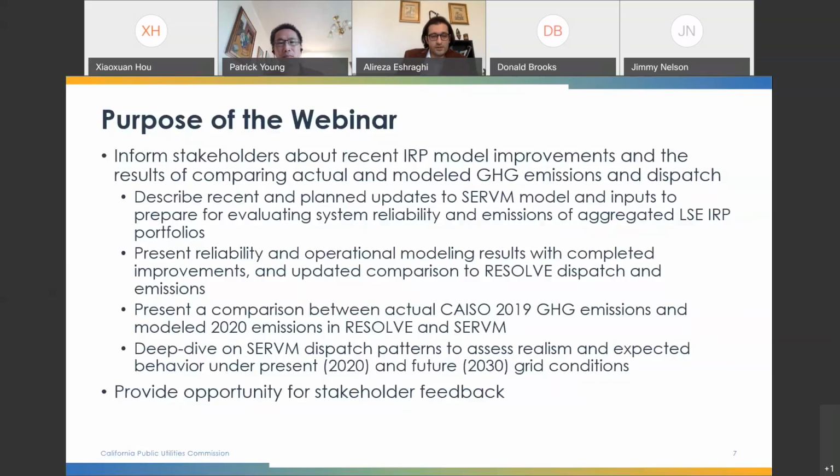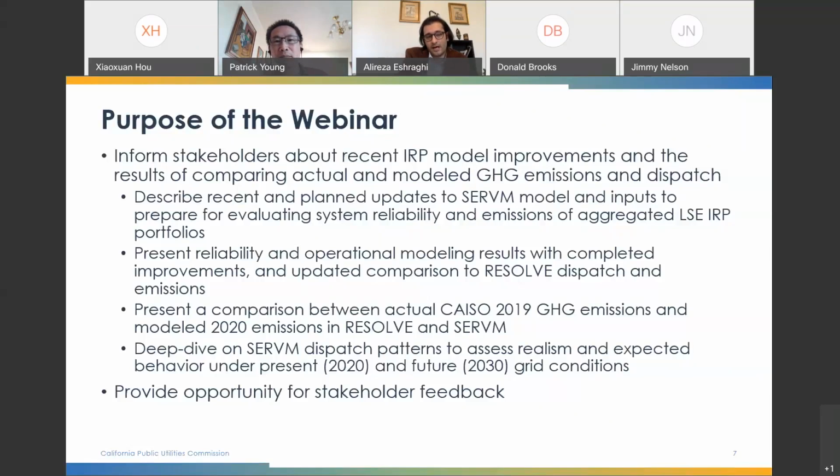Also, CPUC uses SERVM, a probabilistic reliability and production cost model, as a separate tool, more specifically designed to examine system reliability once an optimal portfolio has been determined by Resolve. The 2020 adopted reference system portfolio modeling showed that SERVM's 2030 CAISO emissions were about 3.5 MMT higher than Resolve's.